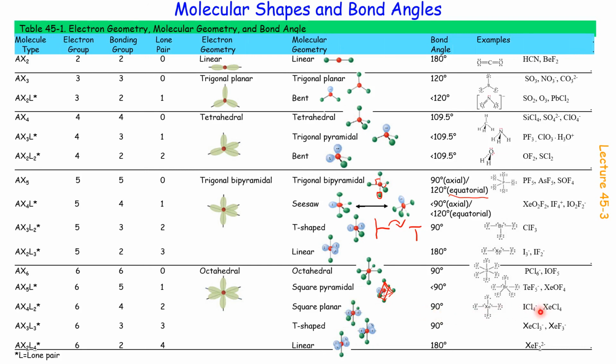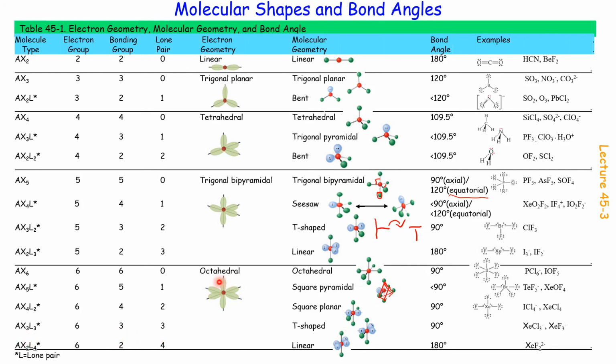Those are the examples. How about molecules with 3 surrounding atoms and 3 lone pairs? The fundamental geometry, or electron geometry, is octahedral, but now the molecular shape is T-shaped, and the bond angle is 90 degrees, and those are the examples. The last one, 2 surrounding atoms and 4 lone pairs, 2 bonding groups, 4 non-bonding groups.